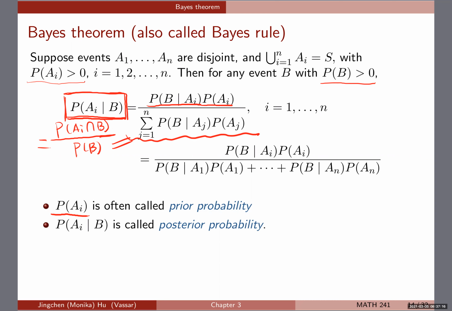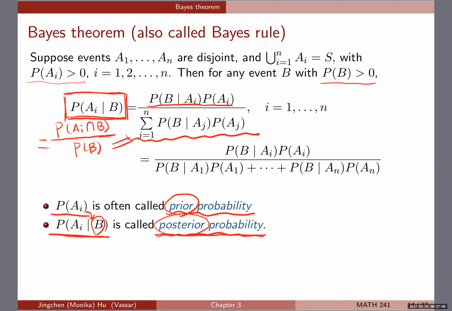Then once I know some B, which helps me understand my Ai a little better, we call it a posterior probability. The prior is prior to knowing about B. Once we know B, the marginal becomes a conditional. Conditional on knowing B, I have an updated understanding of Ai, so we call it a posterior probability.